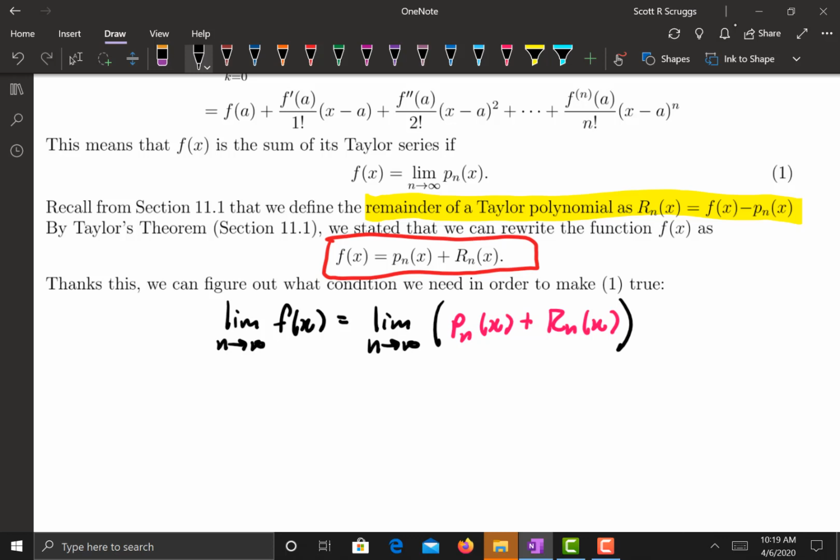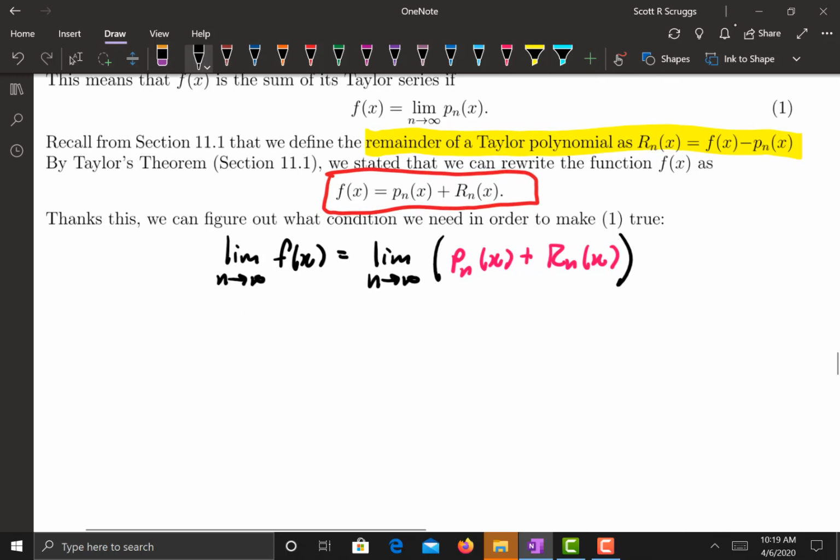Okay, and one property of limits that we have is that the limit of a sum of two functions is the exact same as taking the limit of each component. So, the limit of p of n of x plus the limit as n goes to infinity of the remainder.